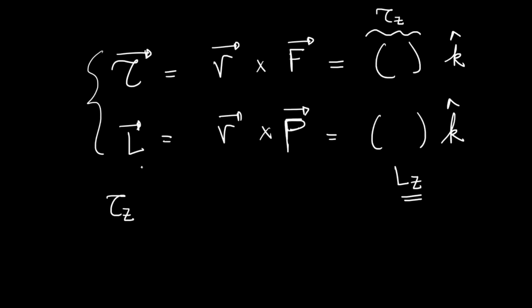The angular momentum as a vector will always be in the direction of k, and often we are interested only in the Lz component of the angular momentum, which is the Lz, and this is tau z. Right, so often we'll be referring to tau z and Lz as scalars, and you should not get confused, because actually you're right, torque and angular momentum are vectors. And we know the formula for tau z and Lz.